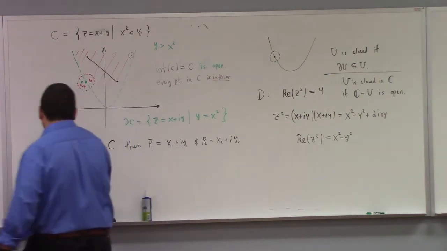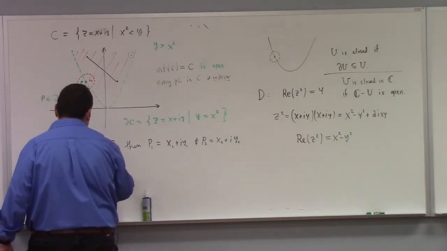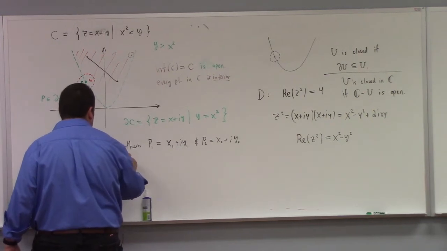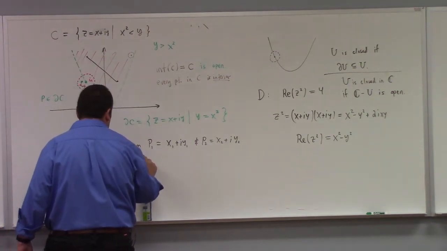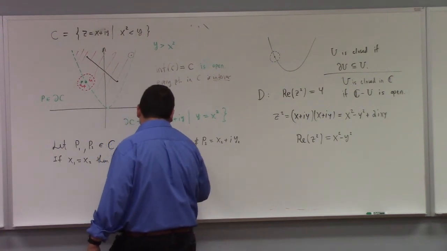If x1 equals x2, then P1, P2 is a vertical line segment.